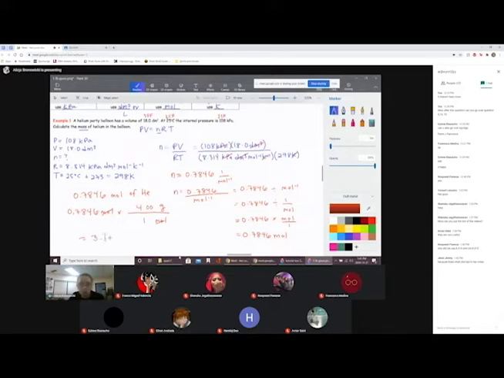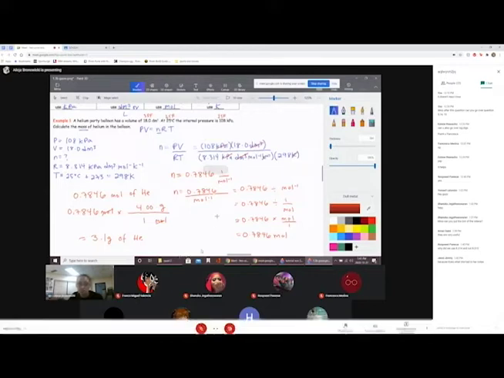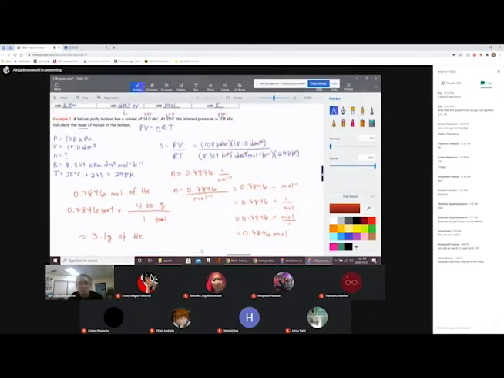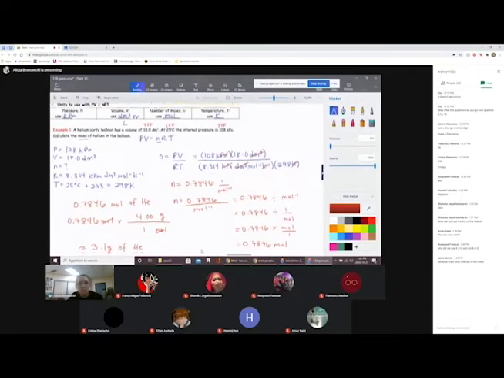So I have 3.1 grams of helium. That is our first question. These are from your textbook. For some reason, your textbook really likes you to calculate moles in these questions, but that's okay. If you do a lot of them, you really get good at this kind of calculation. Does anybody need me to go over anything with that one?